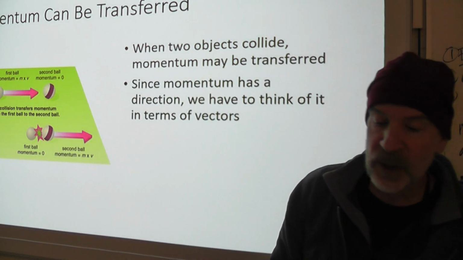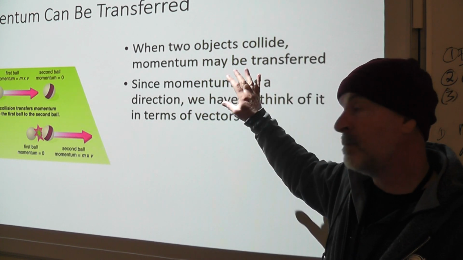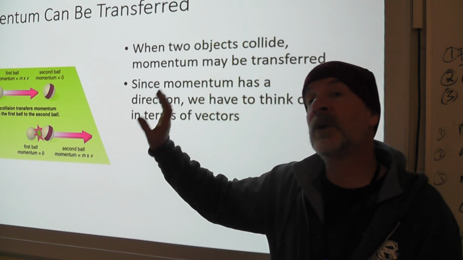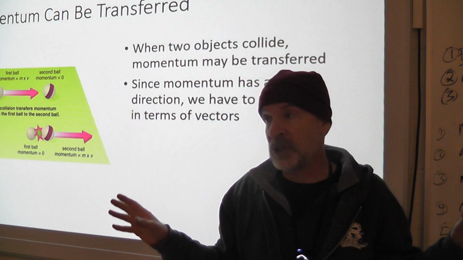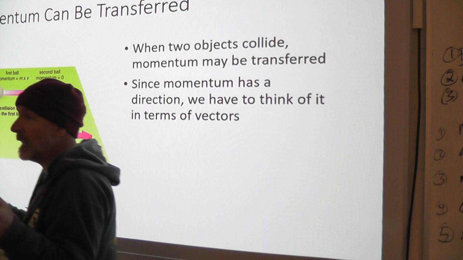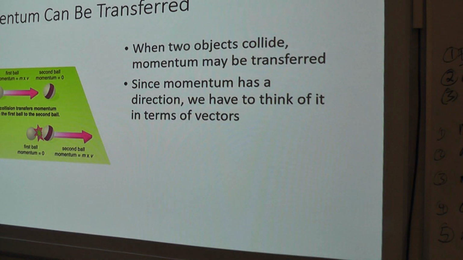It gets a little confusing because direction matters. When you transfer momentum, you can transfer momentum in any direction, three-dimensionally. To start with, we're just going to be thinking about one-dimensional motion.